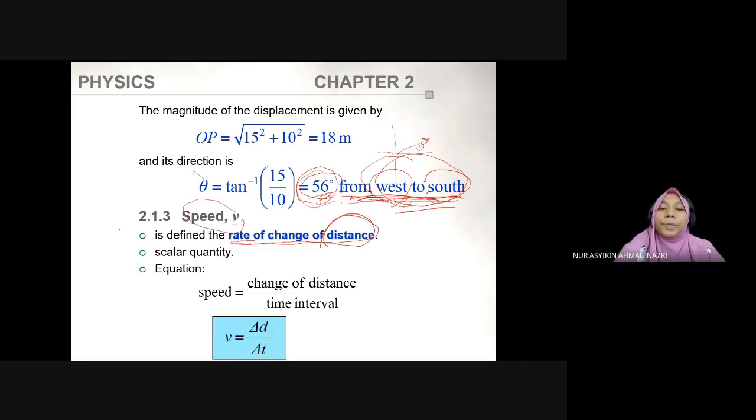So basically speed is change of distance over time interval. So bila nampak change over ni, bila nampak 3 segi ni, dia macam adalah differentiation. Okay, so itu yang awak kena faham jugalah asal usul that equation.